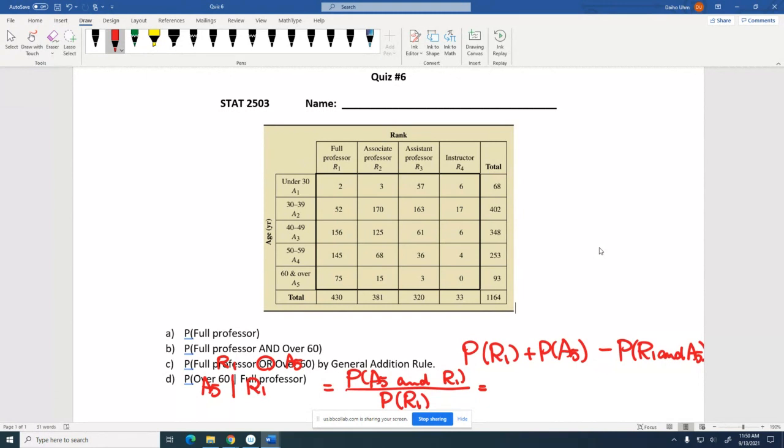Do you need the probability of A5? It is a marginal probability. So the probability of A5 marginally must be 93 out of 1164.